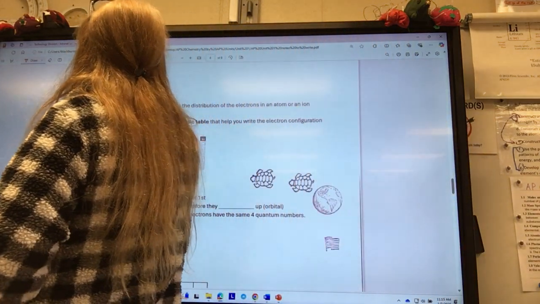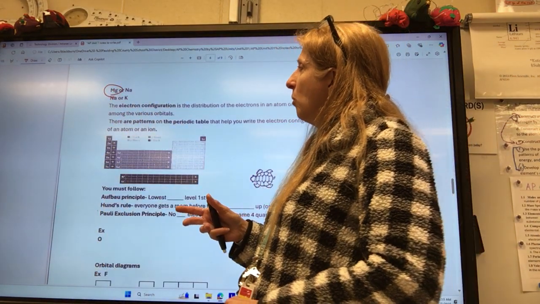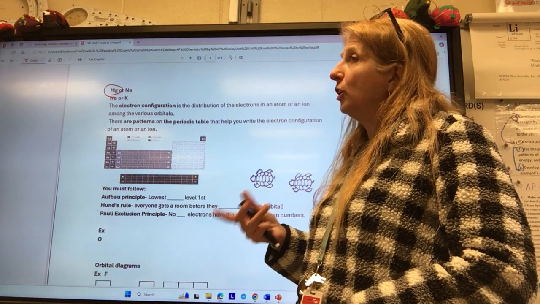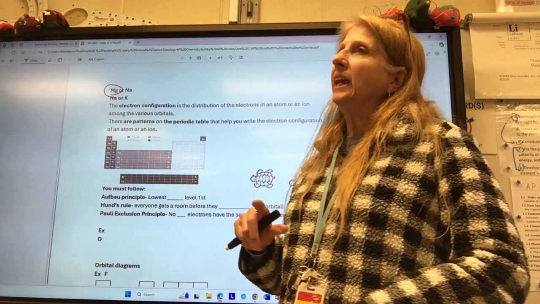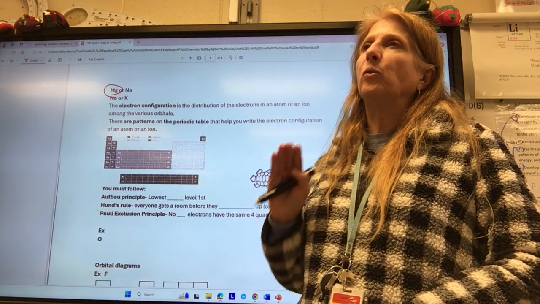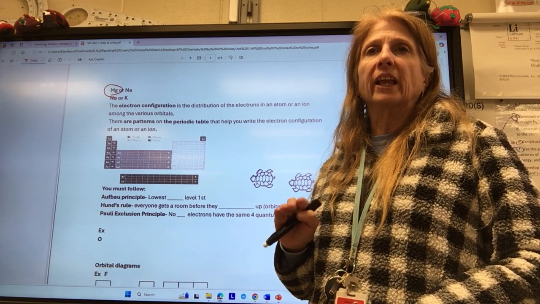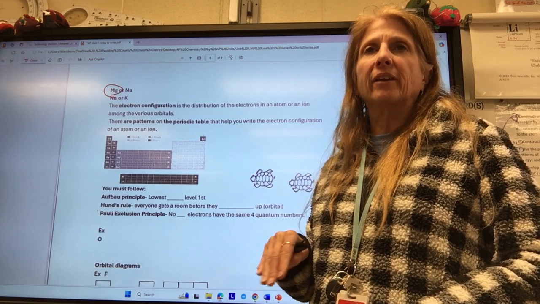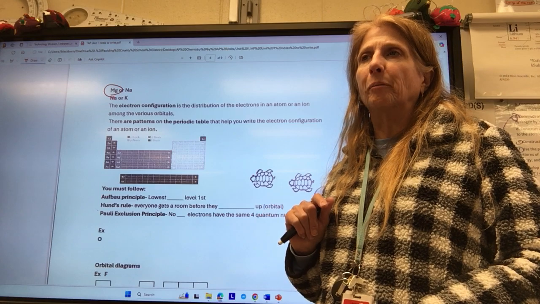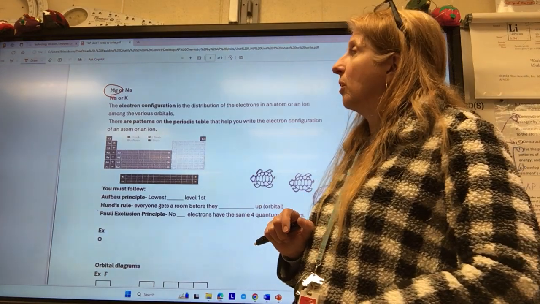So the answer is magnesium, and the reason is it's got more charge, bigger Q's, but the radius, the R, stays the same because they're both on level 3. The electrons are on level 3, the same distance from the nucleus. Can you imagine that? So that would be how we could explain that with Coulomb's law.